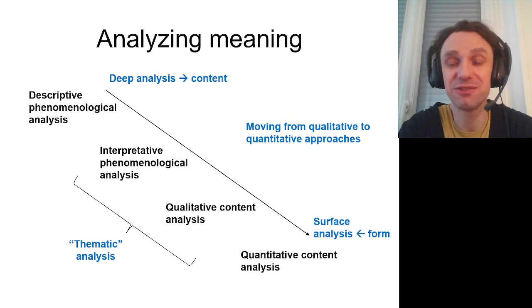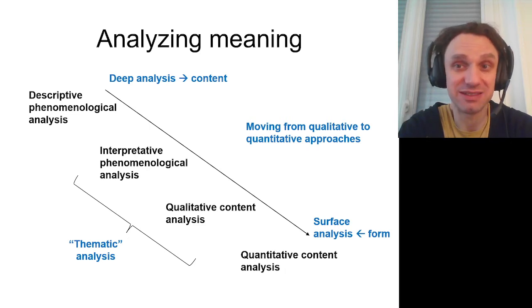So what is the difference? When we say content analysis, we typically think of methods that have been developed mainly by sociologists, and the goal is to extract the content by counting certain words or expressions or certain themes in the text.